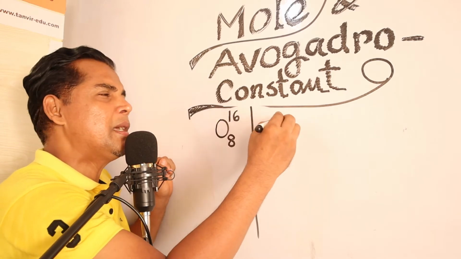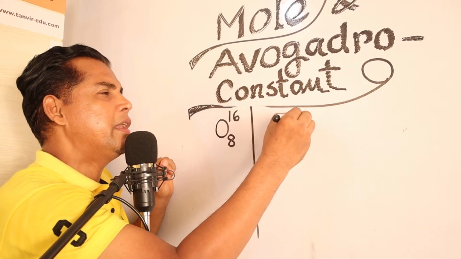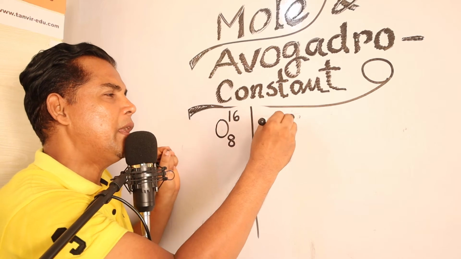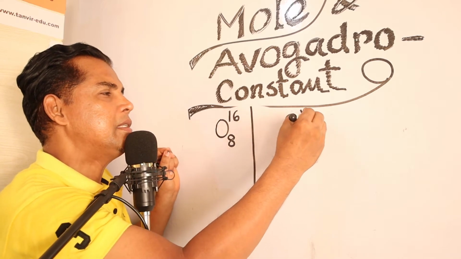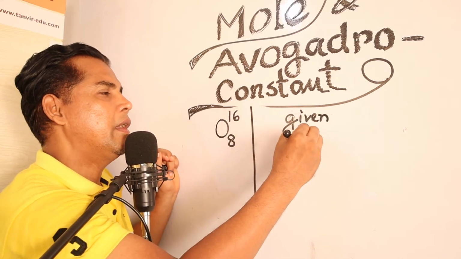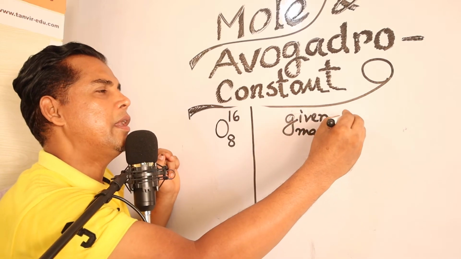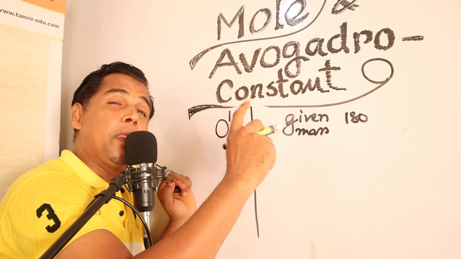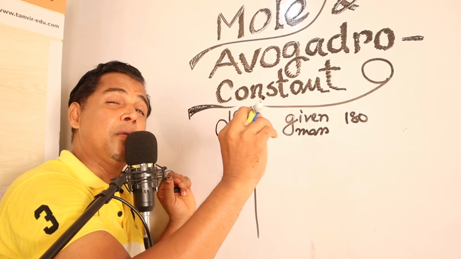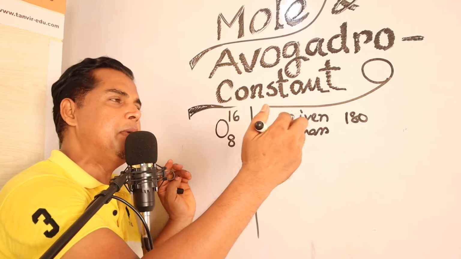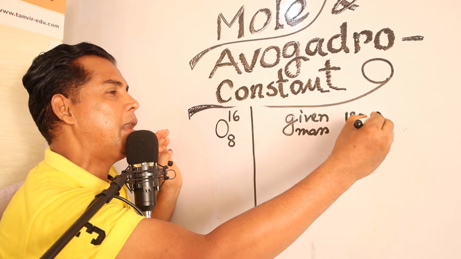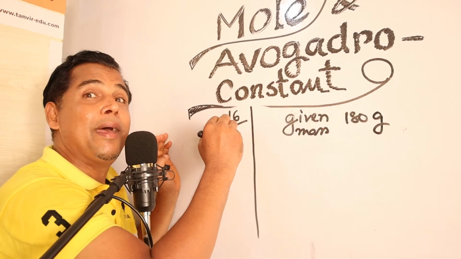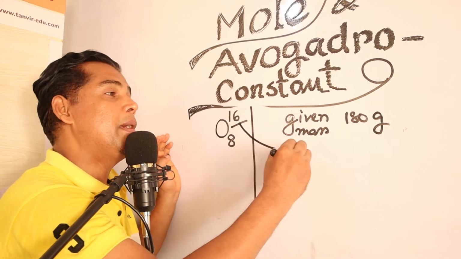So imagine, suppose the given mass is 180 grams. In mathematics, this type of imaginary mass is given by the examiner. This is taken as the molar mass.